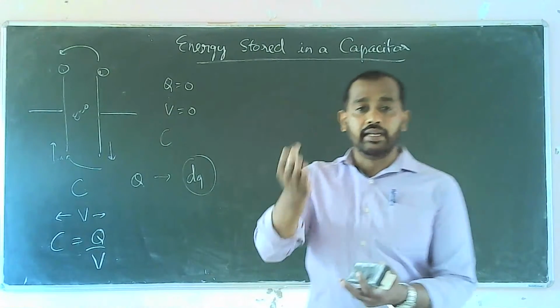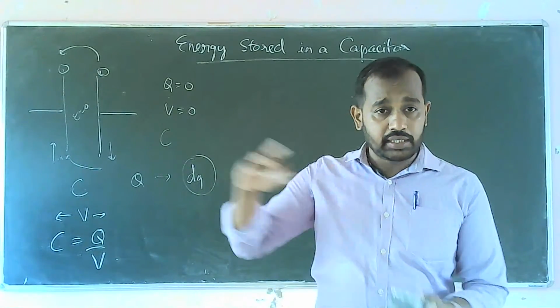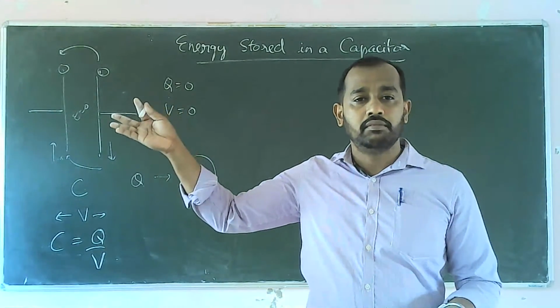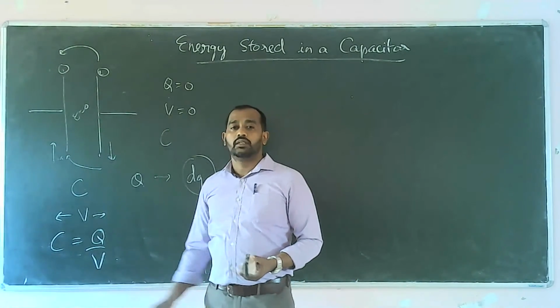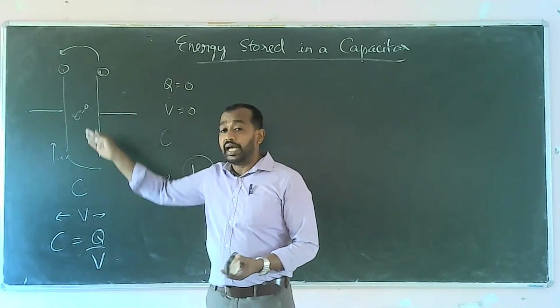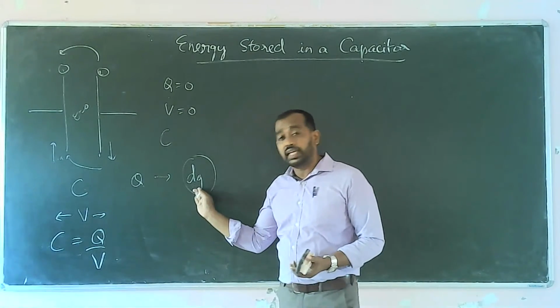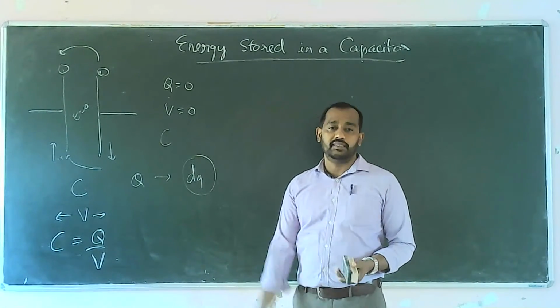It will increase. When V increases, the electric field will also increase. So that means the opposing force, the force which tries to oppose the further transfer of the charges, increases.